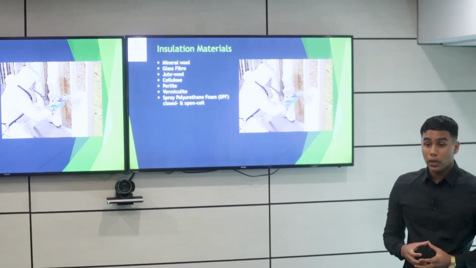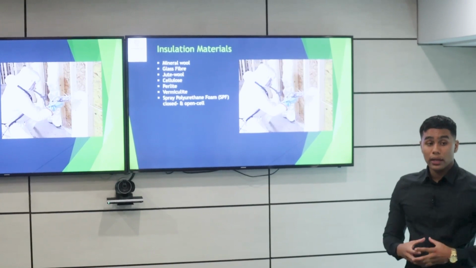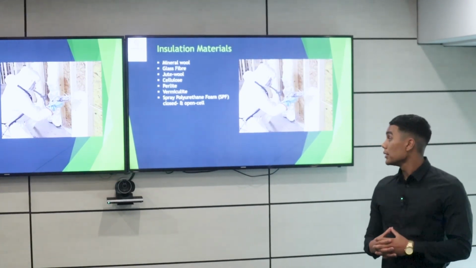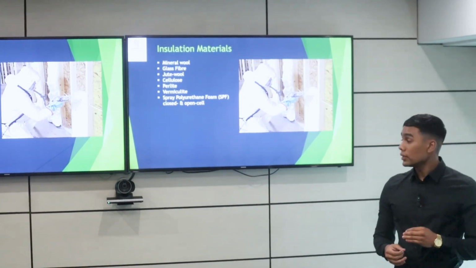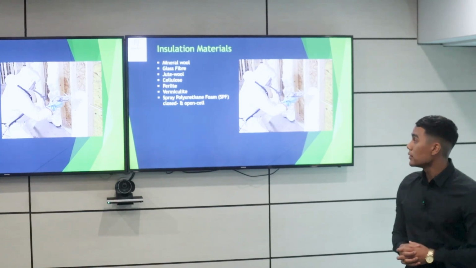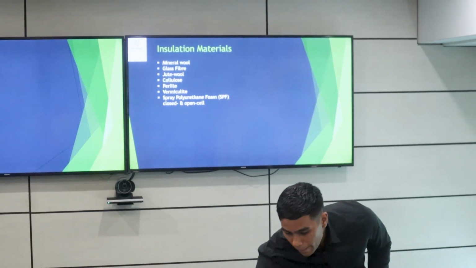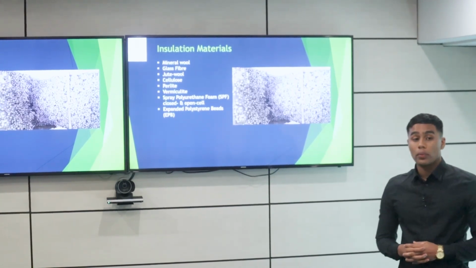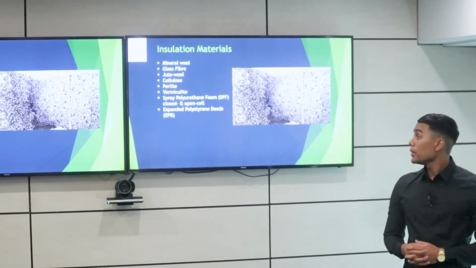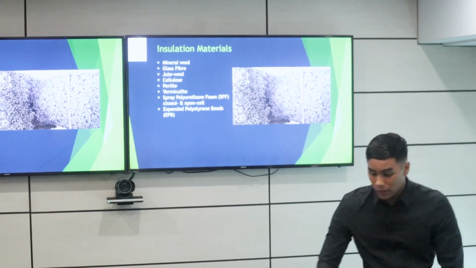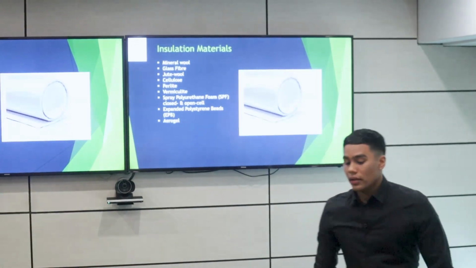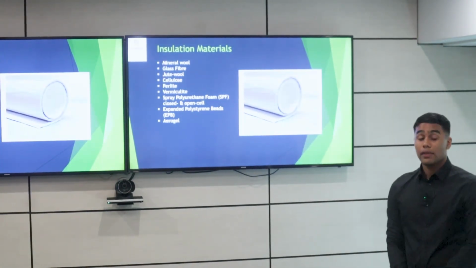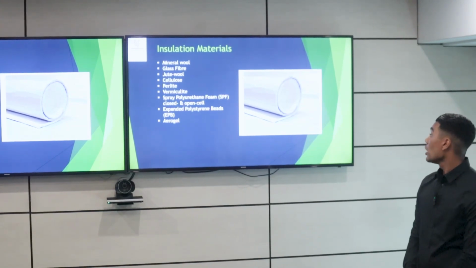Open cell is a softer foam that expands more, and closed cell is more dense, moisture resistant, and has a low thermal conductivity and therefore more expensive. Expanded polystyrene beads consist of small polystyrene beads bonded by a PVA adhesive. And aerogel, made up of 95% air mixed with gel particles.